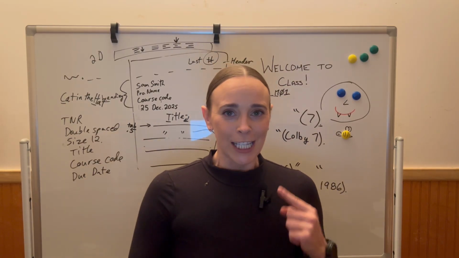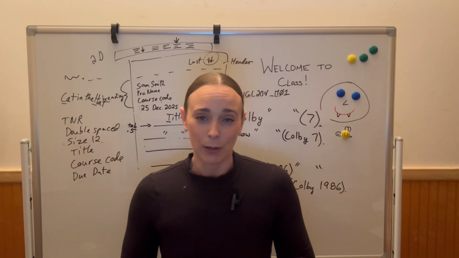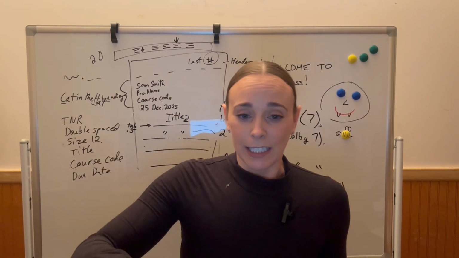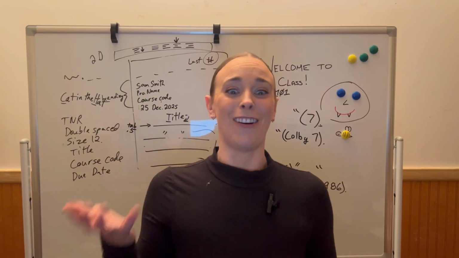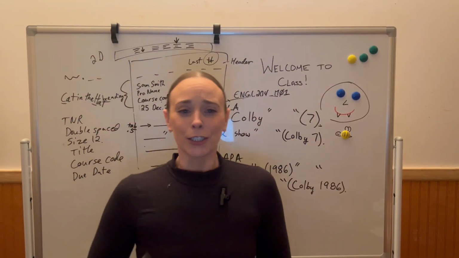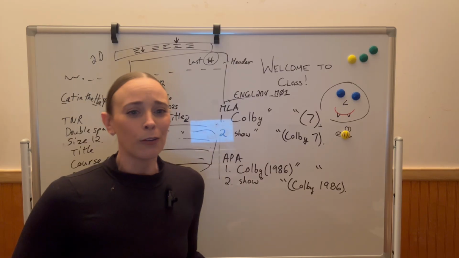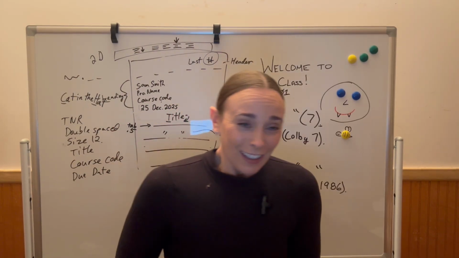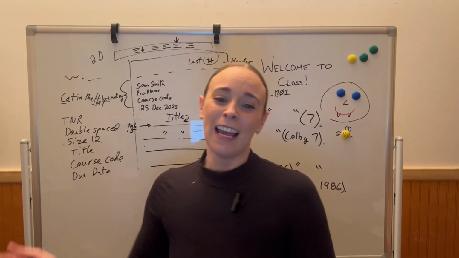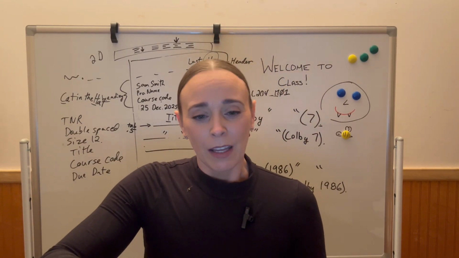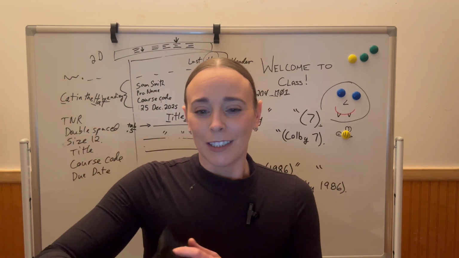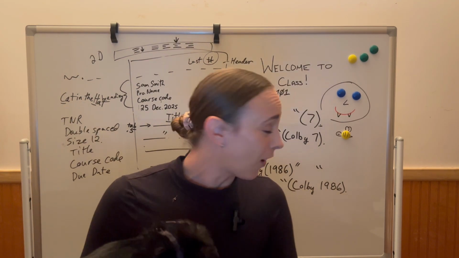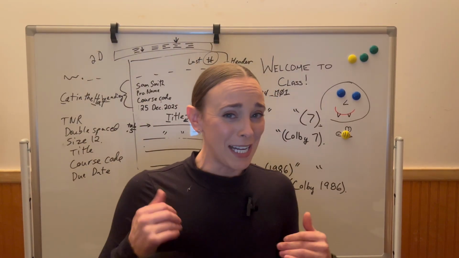So you need the publication date, the source type, as in whether it's a study or research or blog, and then also the name of the author and the title. And you actually have to say that all out. So you'd have to say, according to the article published in 1986 by the author Anita Colby, she states, and then you have all of that information, right? Oh, and then also the title. Sorry.